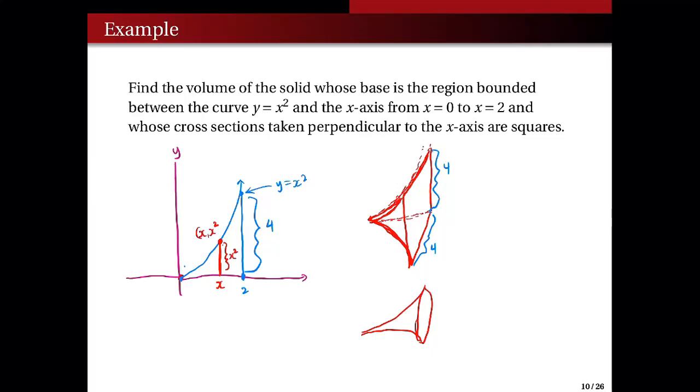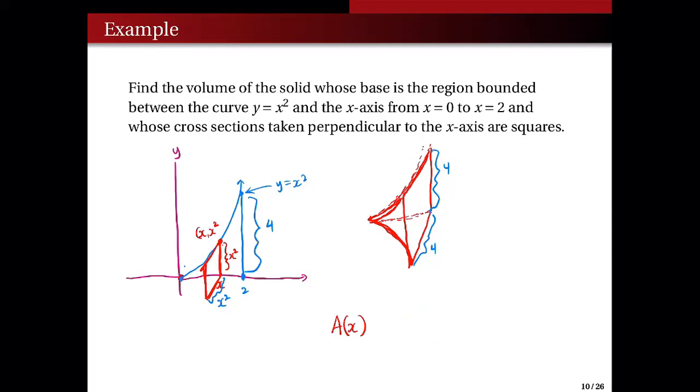So at this guy here, you have this guy here. From here up to there, it's still x squared. So the area of the cross section is in terms of x. Why in terms of x?